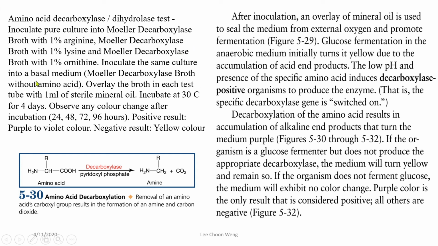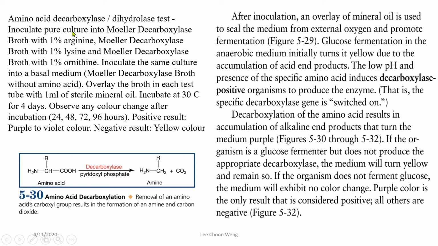Next, we have the amino acid decarboxylase and dehydrolase test. Okay, usually for this test, we'll run it with Moeller's decarboxylase broth. We'll inoculate the bottles with 1% arginine, 1% lysine, and 1% ornithine, and also one control without any amino acid.